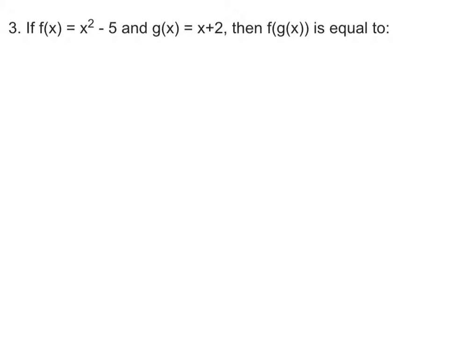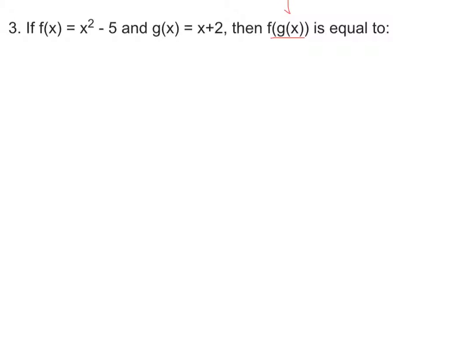So the first question I want to take a look at is number 3. In this particular problem, you are asked to do the composition of f of g of x, given the function f of x, which is x squared minus 5, and the function g of x, which is x plus 2.